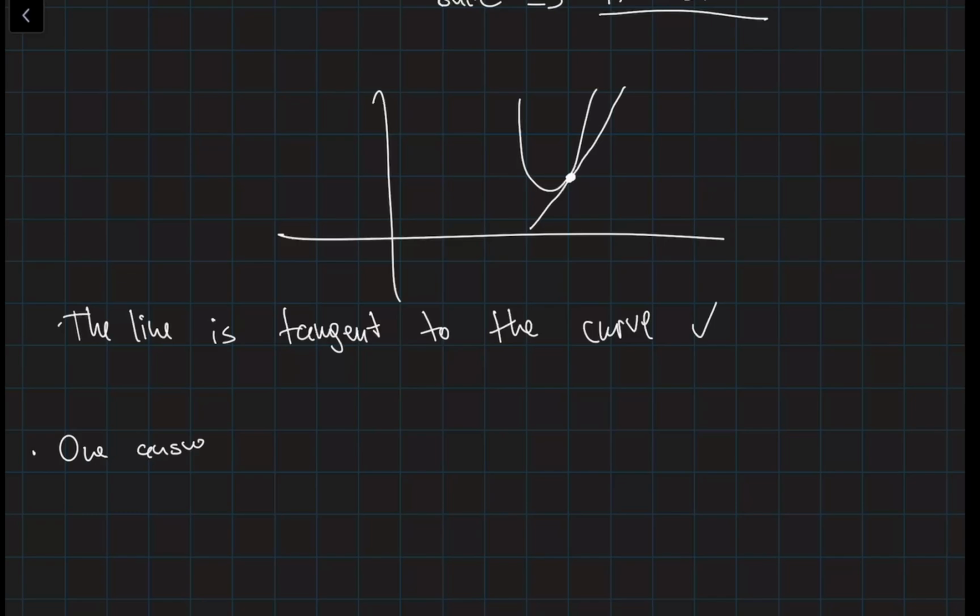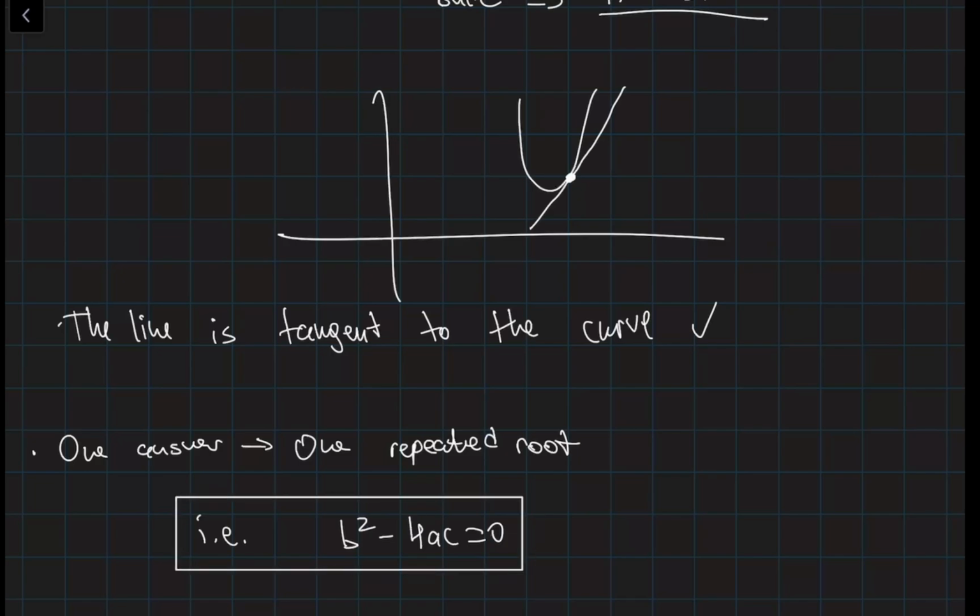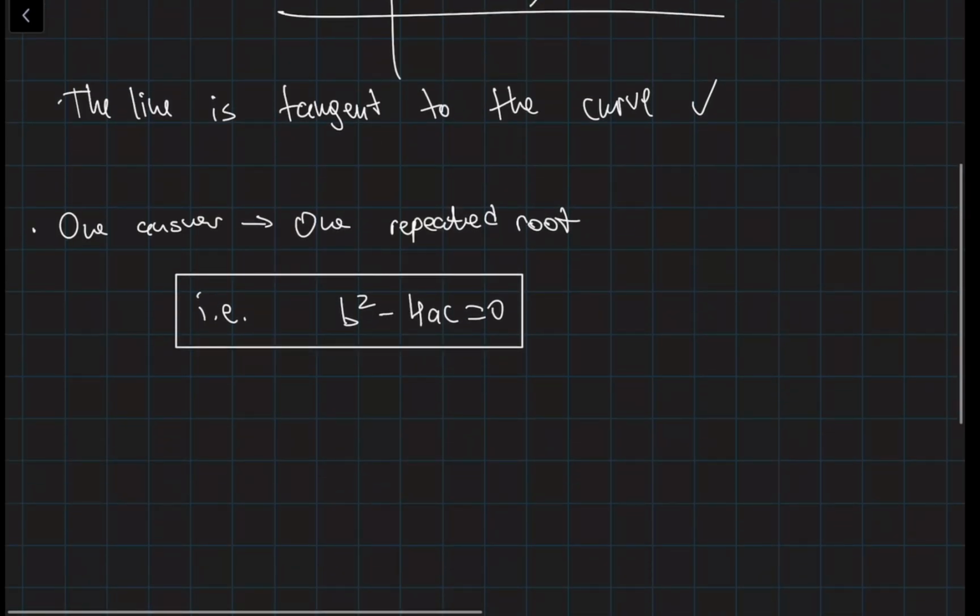One answer means one repeated root, and the mathematical way of saying it is that the discriminant equals 0. If we equate the two equations, we end up with a quadratic equation, and its discriminant would be 0. That's very, very important. Now we can solve some examples.